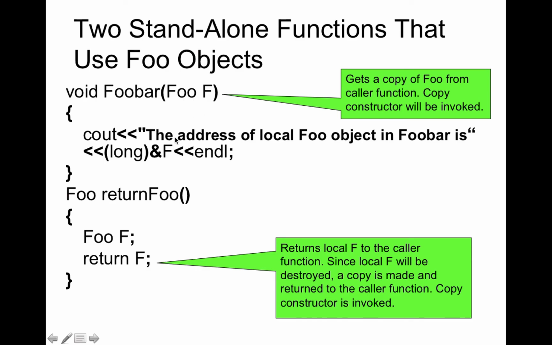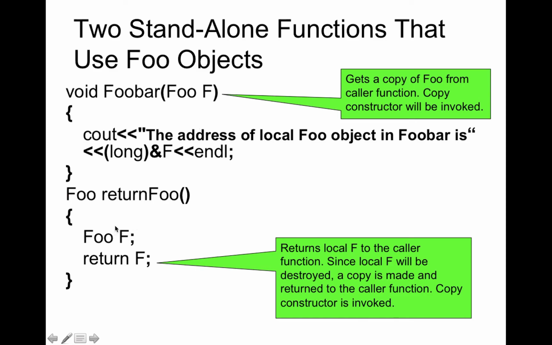The purpose of printing the address of foo is that we can prove that the address of the object that was passed from the main function is different from this address because a copy has been made.